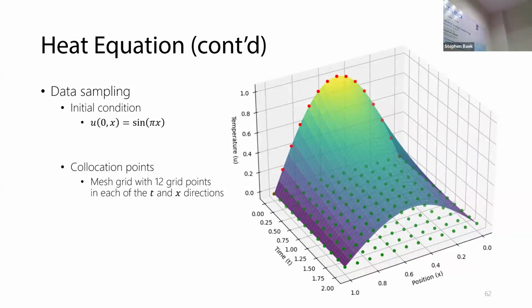Actually, I should have explained how to read this plot. For those of you who are not mechanical majors, this plot may not be as familiar. So we have the evolution of time, okay? And then here's the position x. So the rod is in this direction. And then the temperature distribution.